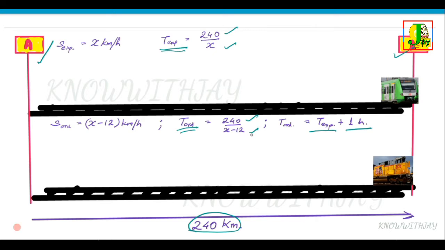Now if we write this as an expression, we have to look out for the comparison, right? We can compare the time expressions here. The time taken by the express train is 1 hour less than the time taken by the ordinary train. That means if we subtract the time taken by the express train from the time taken by the ordinary train, we get 1 hour, or we can say the ordinary train time is 1 hour added to the time taken by the express train.